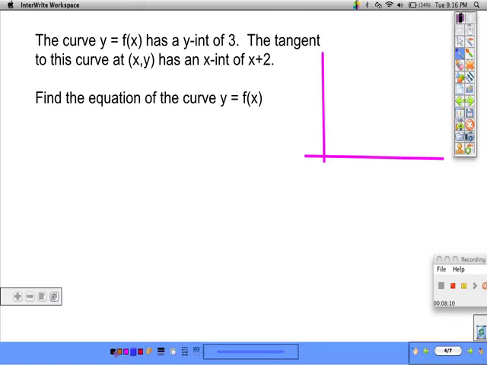I have some curve that crosses at 3, and there's some point here, x comma y, that when I draw the tangent to the curve, here's x, this point down here is x plus 2 comma 0. This is the information that we're given.